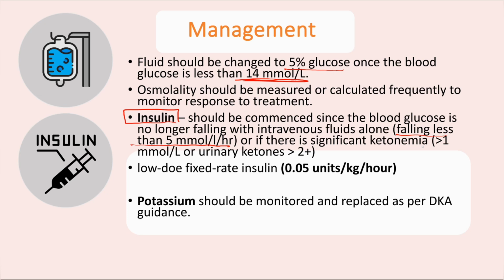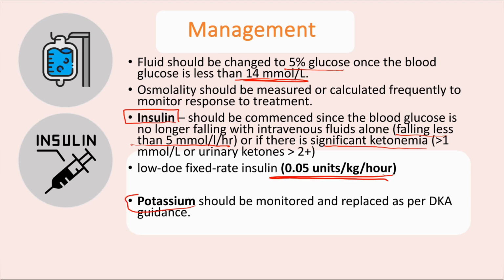Or if there is significant ketonemia, more than 1 plus, you have to start a low dose fixed rate insulin at 0.05 units per kg per hour. So unlike DKA, you don't start insulin very soon. You have to wait for the response of glucose to fluid. If not responded, then you start insulin.